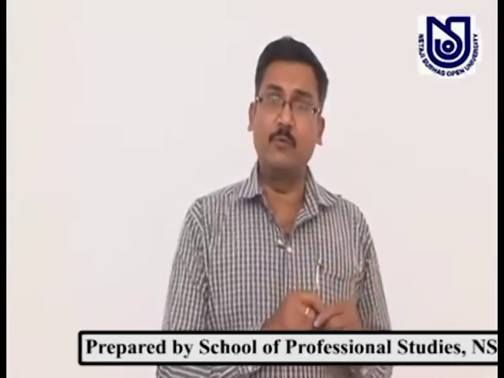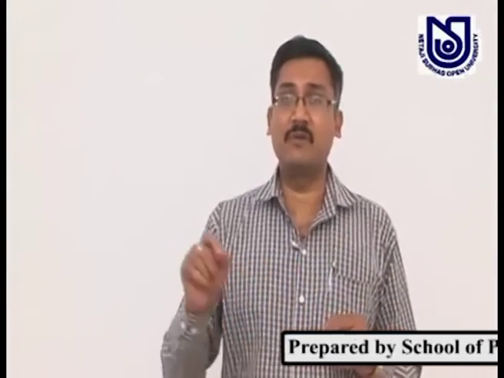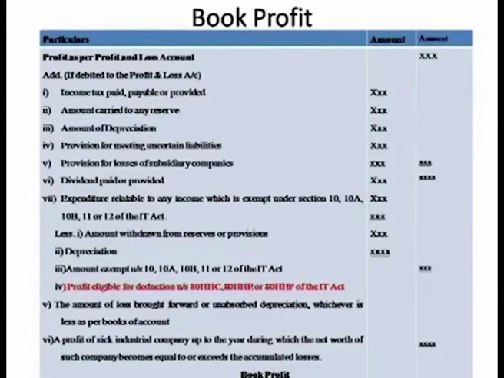So, to calculate the book profit, we have to start from the profit and loss account. The profit and loss balance is the starting point. Then you have to add certain items and deduct certain items.